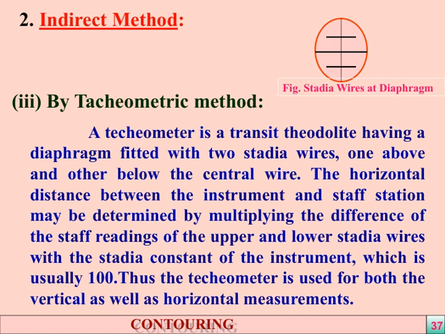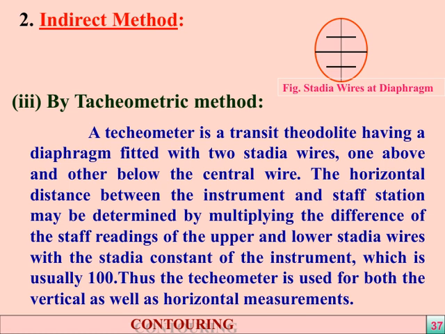We do this by measuring the difference in staff readings between the upper and lower stadia wires. Then, we multiply that difference by the stadia constant of the instrument, which is typically 100. This allows us to calculate the horizontal distance directly.